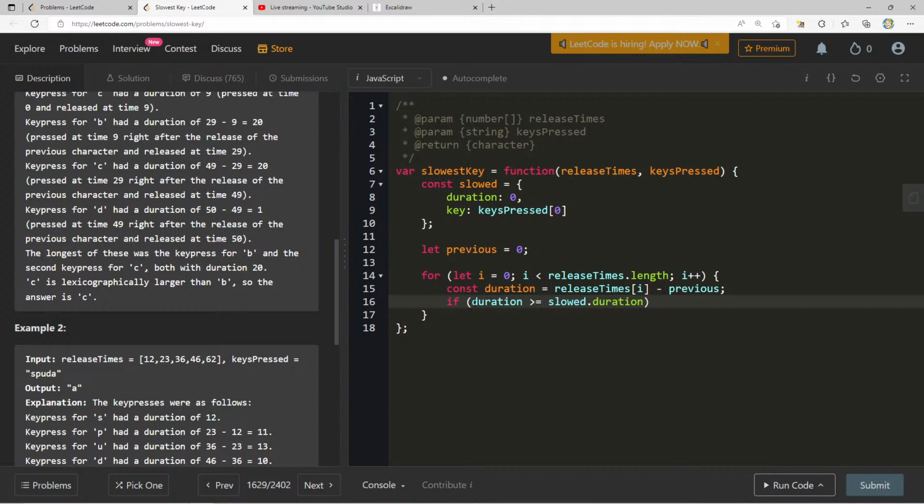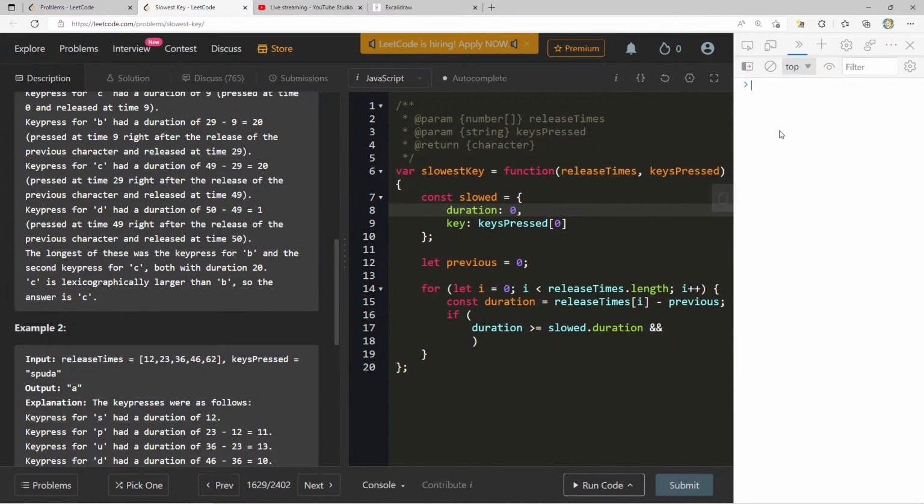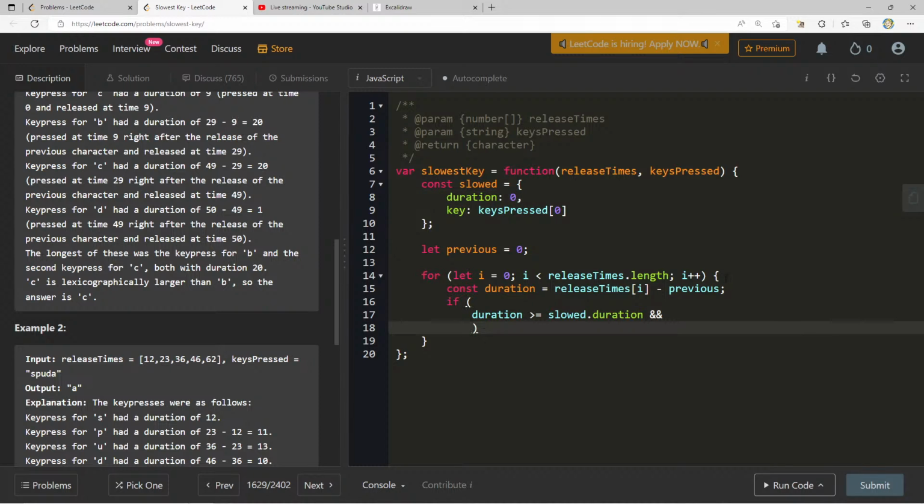If duration is greater than or equal to slowest duration, and now this is where we need to see which one's larger. Is D greater than A? Is that always the case though? Z greater than B? Can we just do a simple calculation like that?